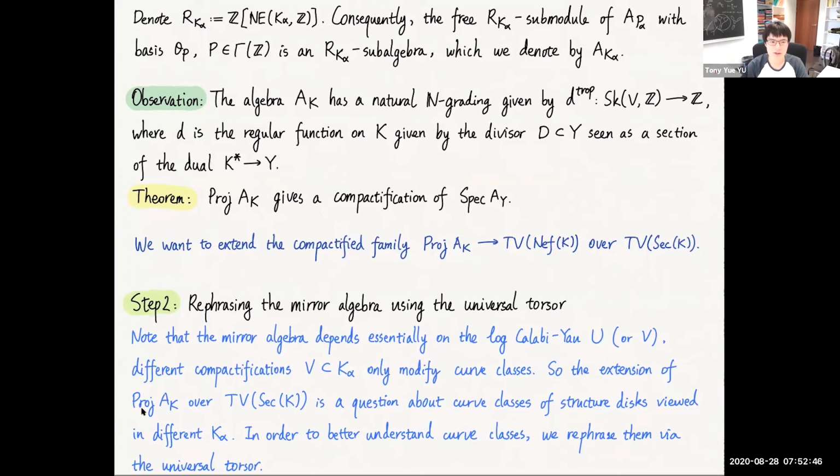So the extension of this compactified family over a bigger toric base is essentially a question about curve classes of the holomorphic disks contributing to the structure constants viewed in different models K alpha. So it's essentially a question of understanding curve classes, and for this, we rephrase them via the universal torsor.